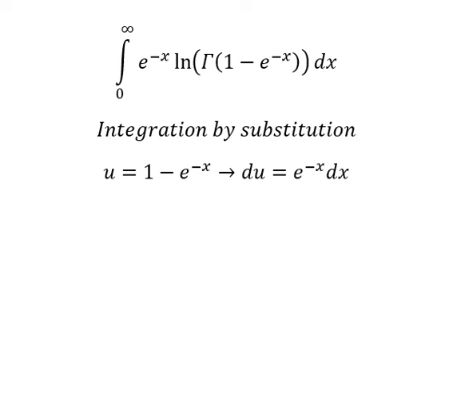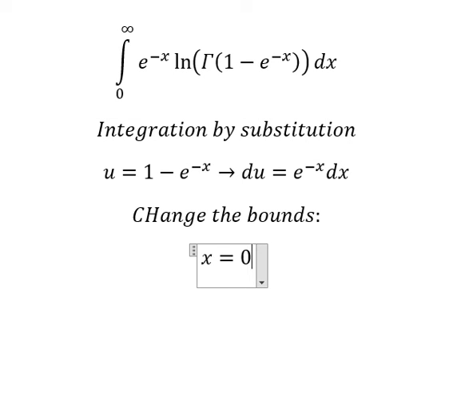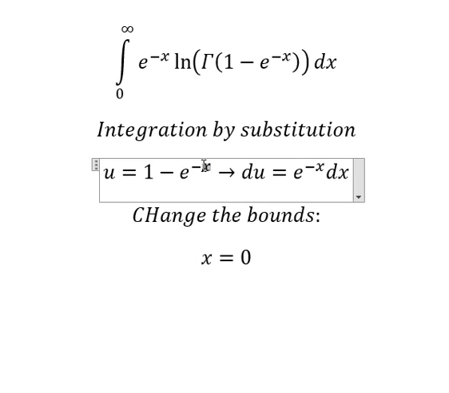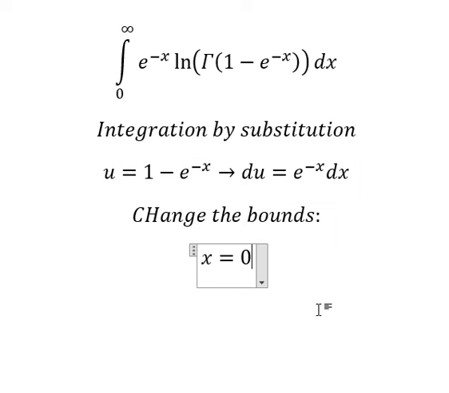Next, we need to change the boundaries. So when s equals 0, we put the value of 0 in here. You get 1 minus 1, and you get 0.